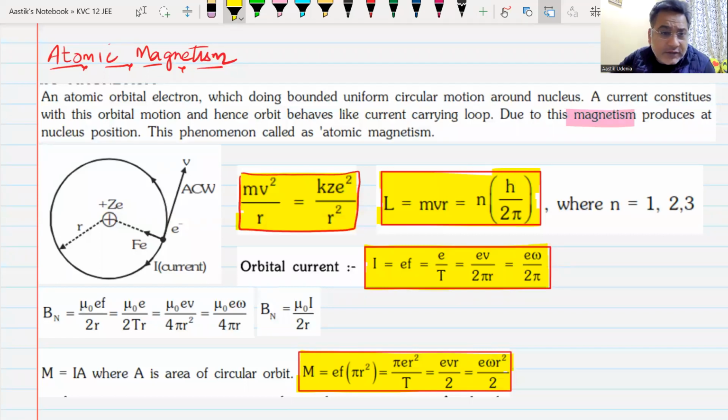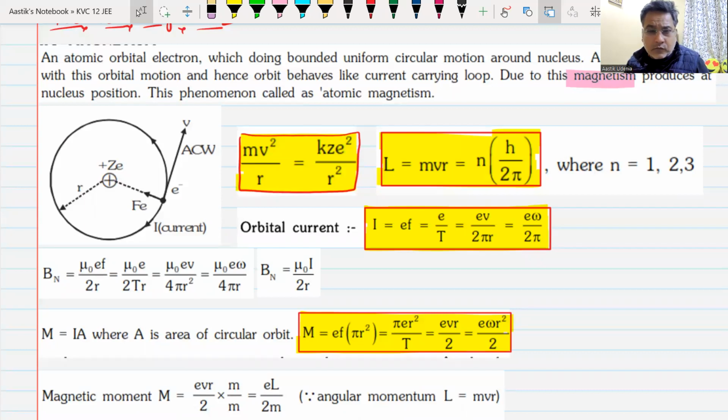So we have noted up till here. Now there is a very good relation that you will have to remember: the relation between magnetic moment and angular momentum.